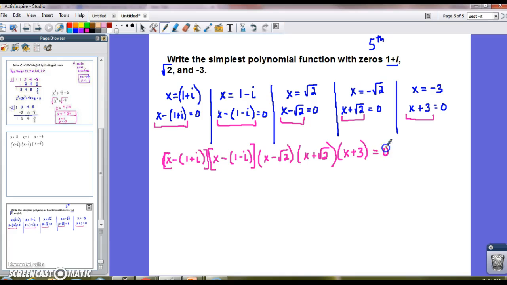And all of that equal to 0. So this is my factored form of my 5th degree polynomial function.